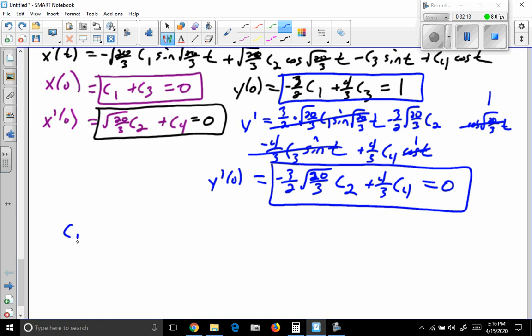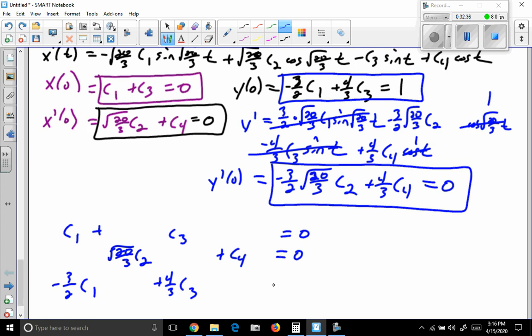There's C1 plus C3 equals 0. There's square root of 20 over 3 C2 plus C4 equals 0. There is a minus 3 halves C1 plus 4/3 C3 equals 1.